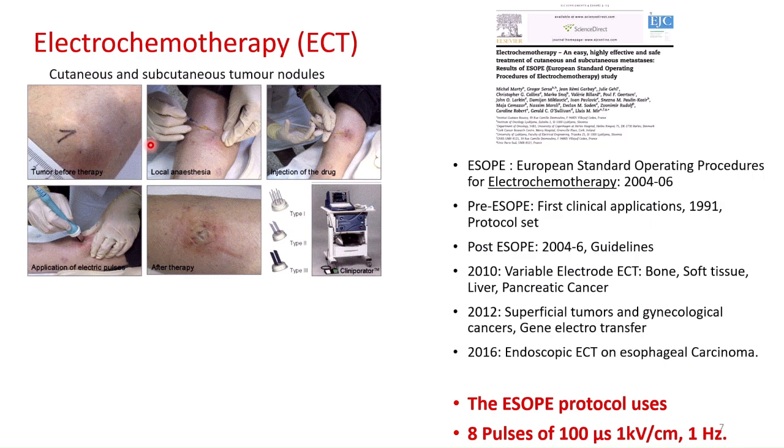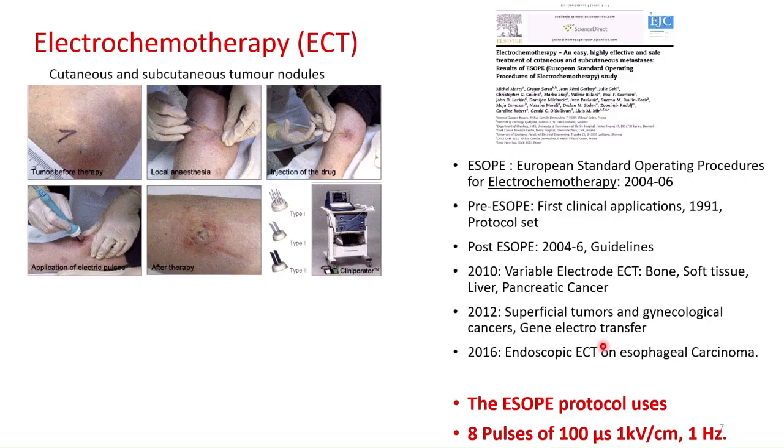So what you do here is give an anesthesia, inject cisplatin, bleomycin. Then you have this electroporator here, and you see the electrodes being put in here, and you apply voltage, you apply short pulses, and then after therapy you see something like this. And it has been remarkably successful in the West in curing skin cancer.